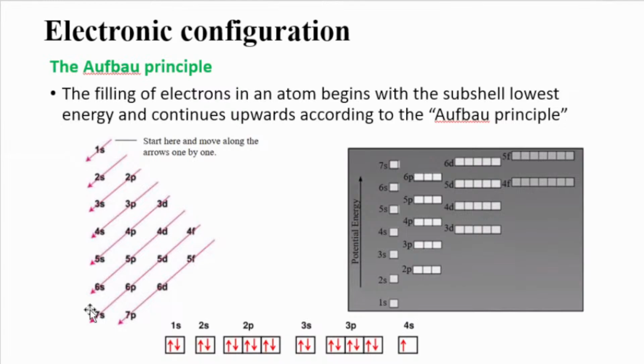If we talk about the energy, the lowest energy is the 1s subshell, then 2s, then 2p, then 3s, 3p, 4s. After 3p it's not 3d, it is 4s, then 3d, then 4p, 5s, 4d, 5p, 6s, 4f, 5d, 6p, 7s, 5f, 6d, 7p.